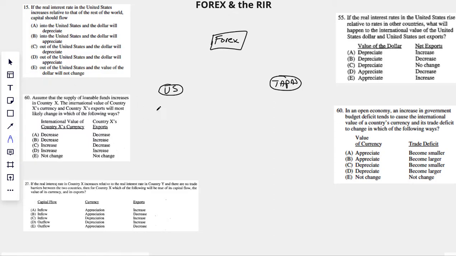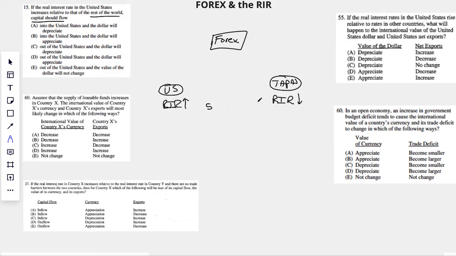Now, let's say the real interest rate in the U.S. increases relative to that of the rest of the world. Capital will flow in which direction? What we know here is that the real interest rate goes up in the U.S. That implies that the Japanese real interest rate would go down. Think about that again.